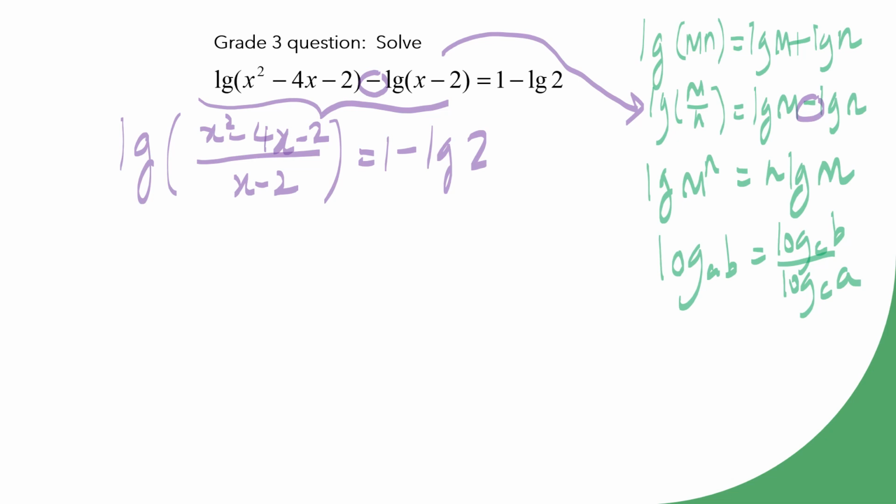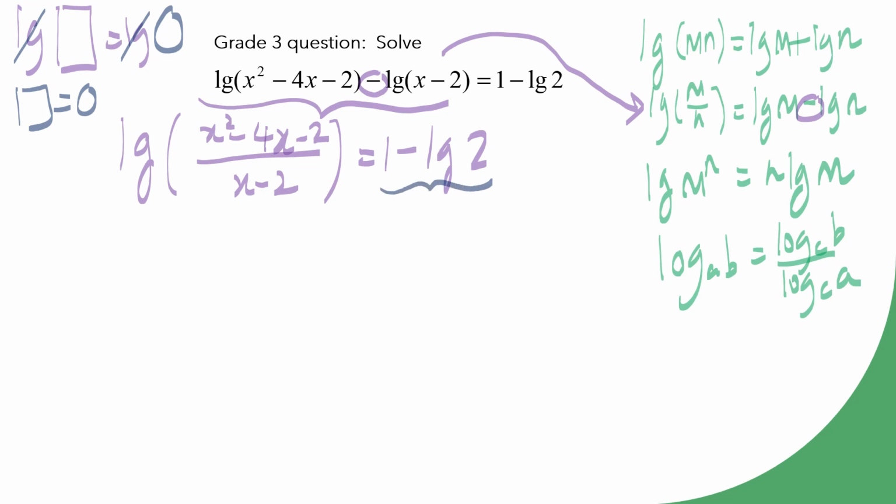To solve most logarithmic equations, you just have to make sure you have log something equals log something. Log square equals log circle. Once you achieve that, your square equals the circle because the log can be cancelled off. So we have to think of a way to convert this into one single log.